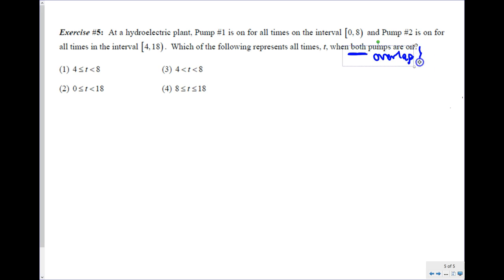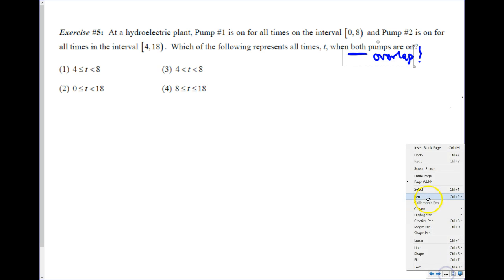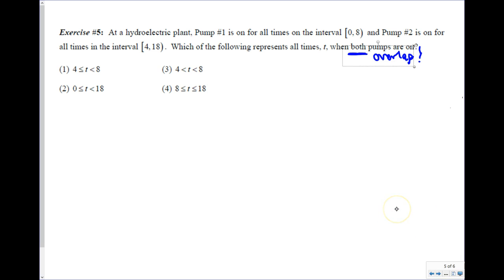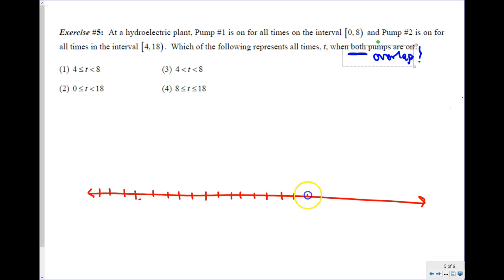So I'm going to draw a number line like I did for the last one to help me now. My number line's got to go from 0 all the way up to 18, because that's how long my problems are. So I have 0, 1, 2, 3, 4, 5, 6, 7, 8, 9, 10, 11, 13, 14, 15, 16, 17, 18. So my number line goes all the way up to 18.